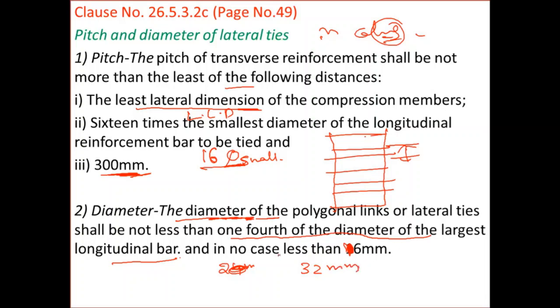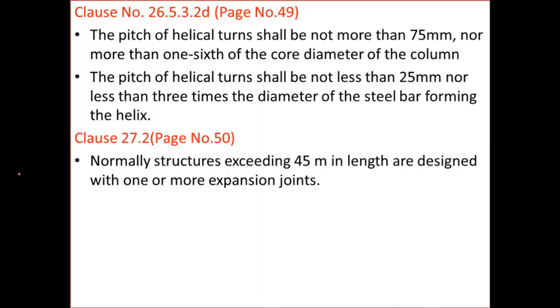And in no case less than 6 mm. So 1/4 of the diameter of the largest longitudinal bar, that means 32 by 4, 8 mm. But it should not be less than 6 mm in any case. So the point is, for whatever lateral tie we use, the minimum diameter should be 1/4 of the diameter of the largest longitudinal bar.